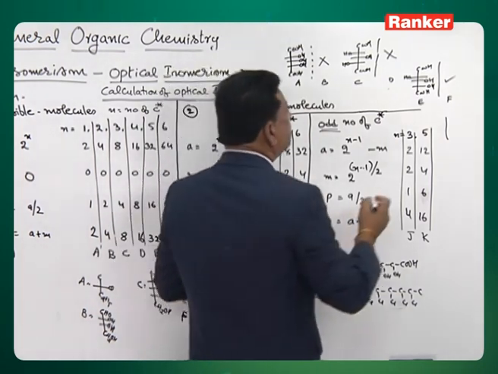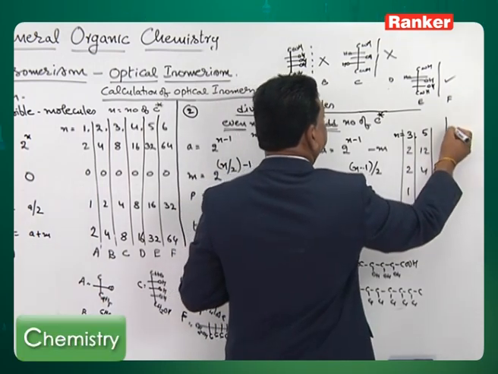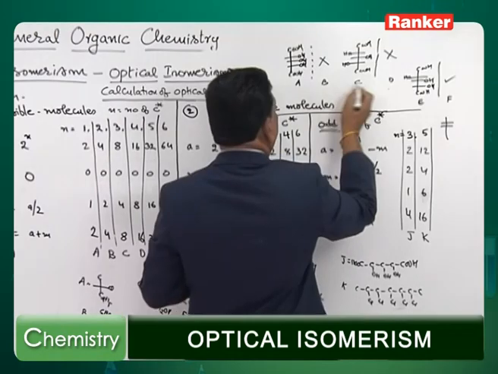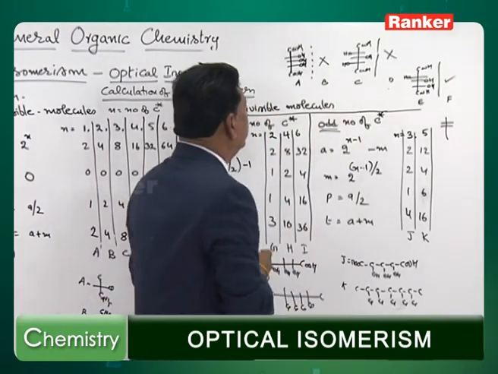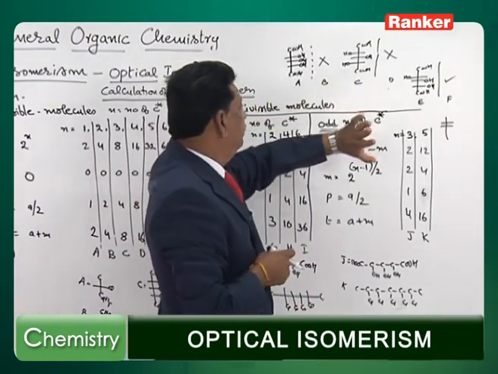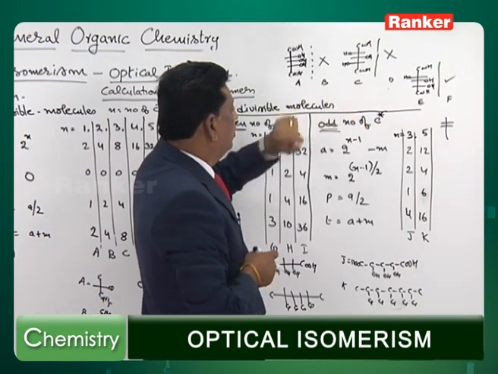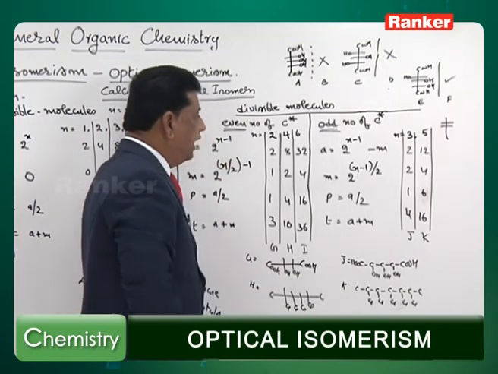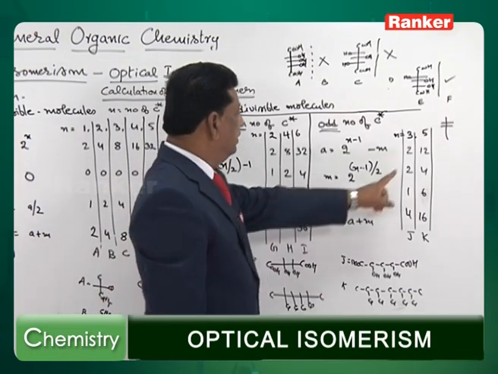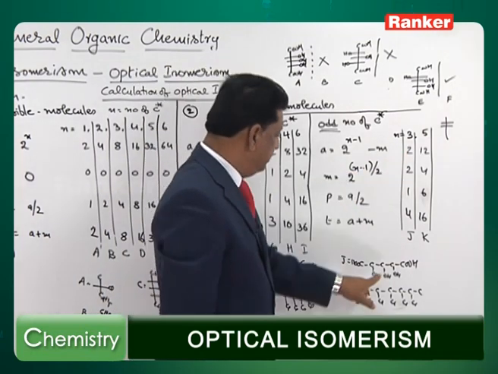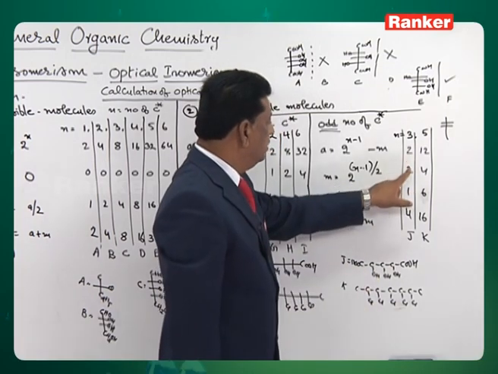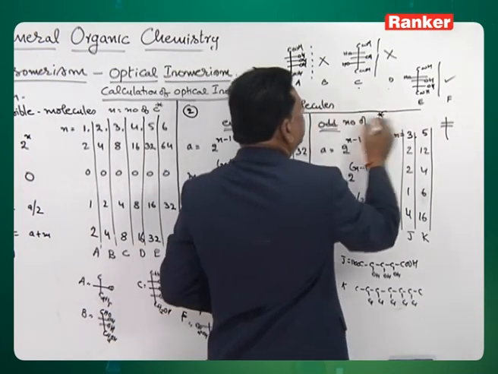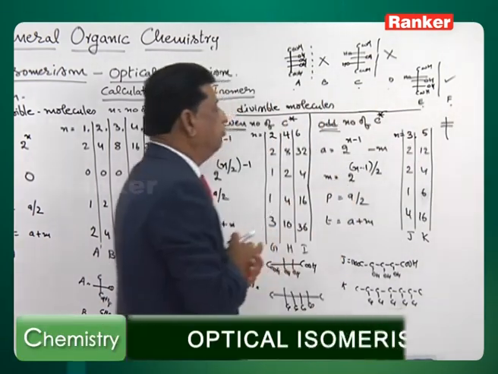Divisible, then you have 2 active members and 2 meso compounds. Total is 4 therefore. A, B, C are the meso compounds. E and F are the active members. So for this particular case, 2 active members, 2 meso. Total is 4 compounds. That is A, C, E, F are the 4 compounds net.